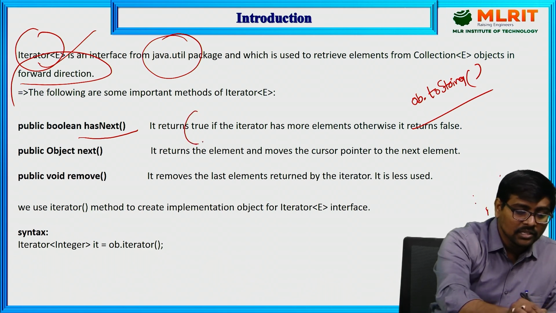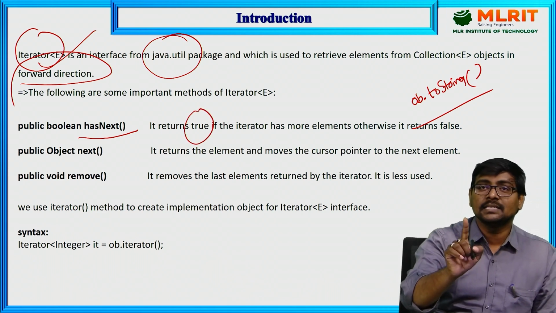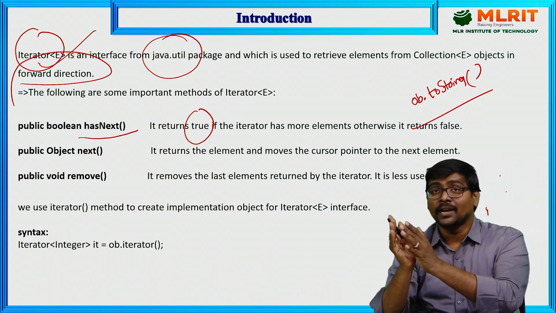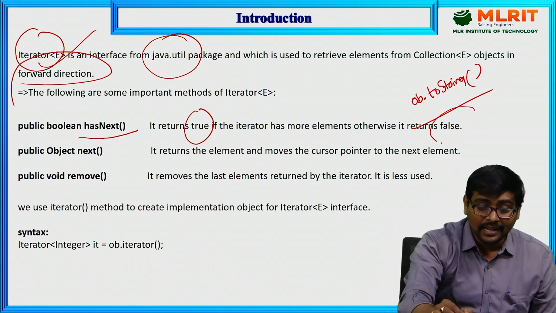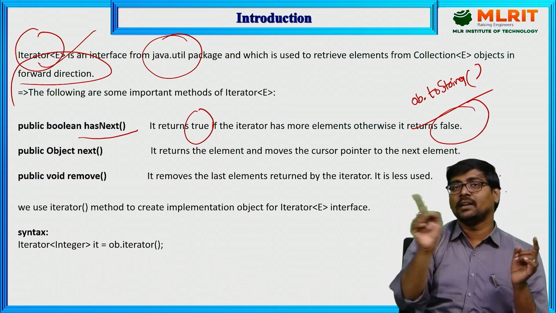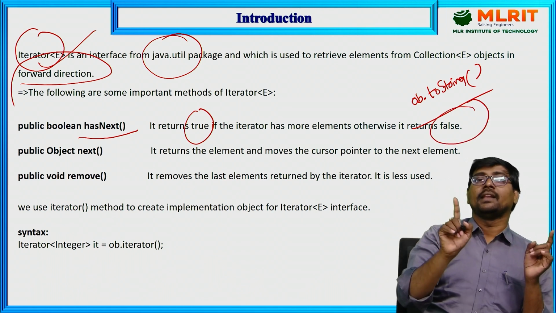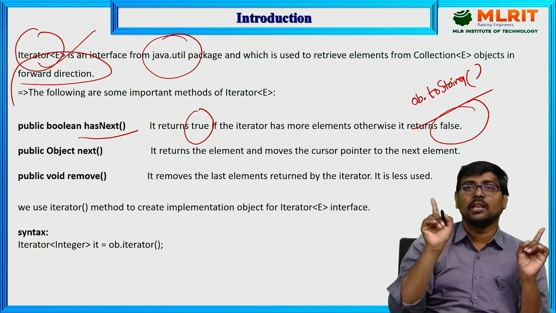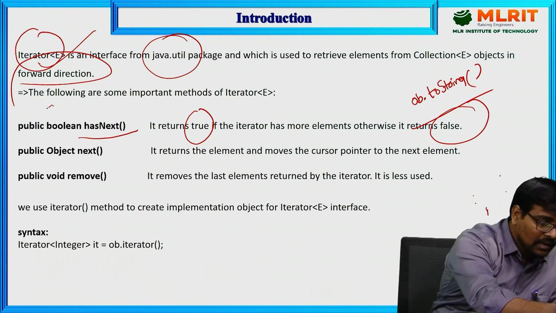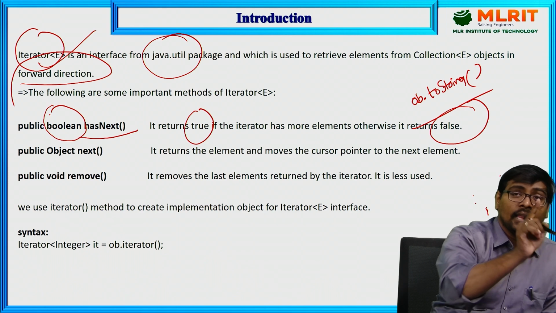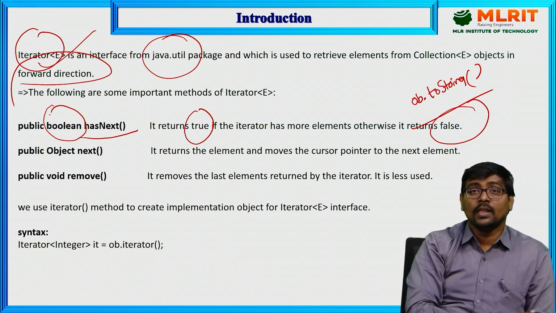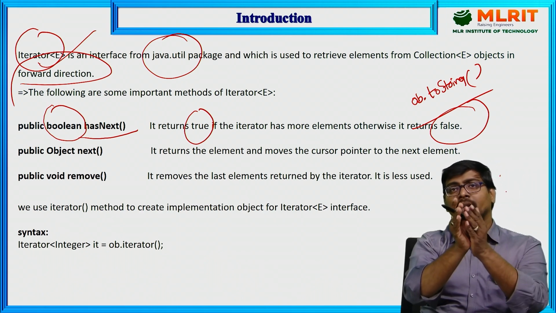If an element is available, it simply returns true. If an element is not available, that means the end of the collection, it returns false. Remember, it does not return the element. Simply it returns whether an element is available or not. Observe the return type is boolean.